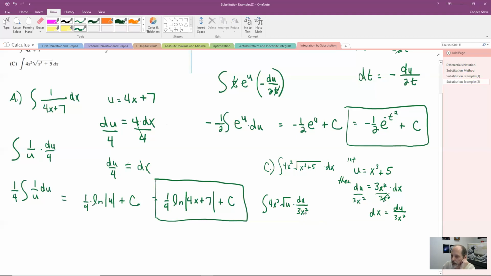So the x squareds cancel or divide out, and the 4 over 3 remains. So I'll put that out here as 4/3. And then the square root of u, let's think of it as u to the 1/2 for simplicity.